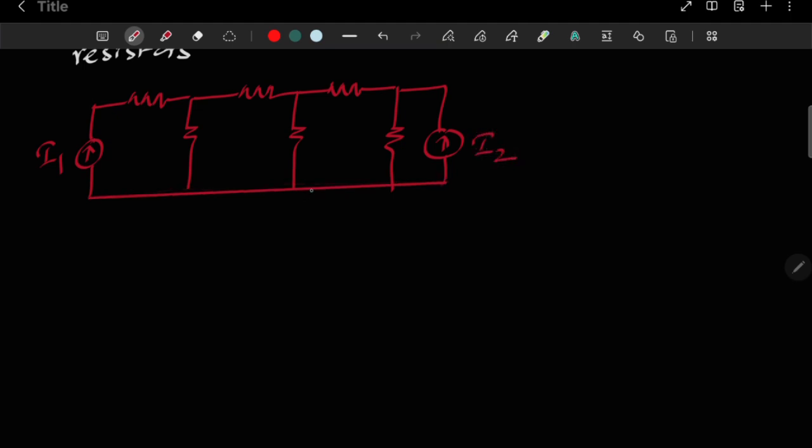This is I2. This is the ground. So this is the circuit I have taken.